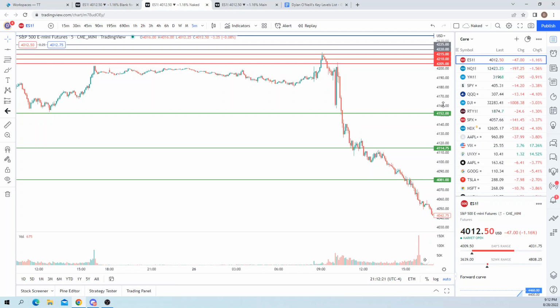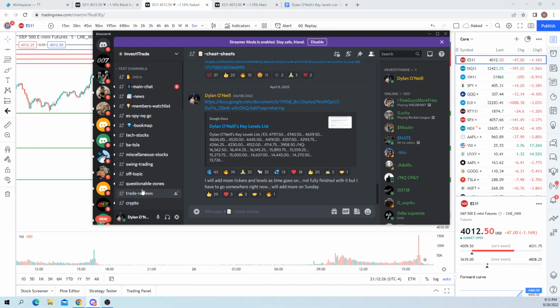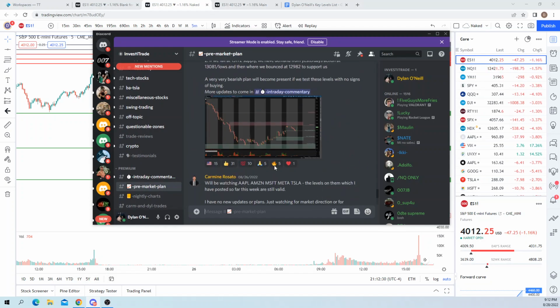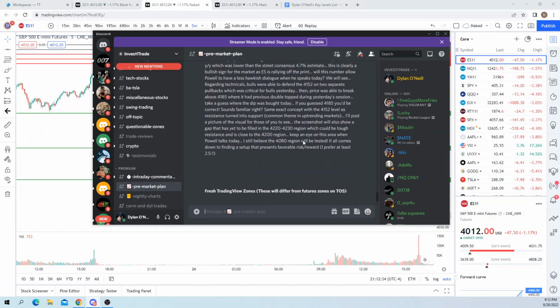So that is what I look for. I look for at least 2.5, which is what I put in the pre-market plan on Friday. So you can see here, I prefer at least 2.5 to 1. So as I said, in this particular trade, it was 3 to 1, even better. So the more the merrier.